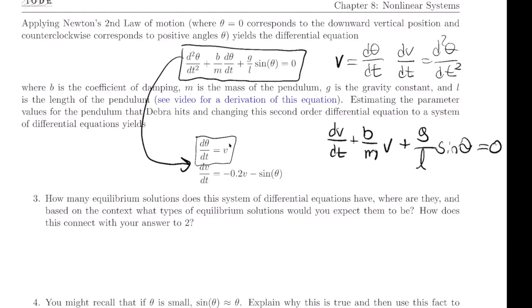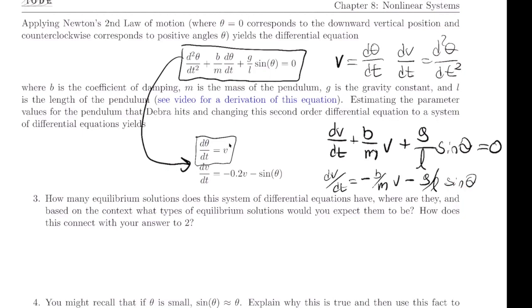And then I can solve this equation for dv dt by bringing those terms to the other side. Okay, just that in this case, we're not getting a linear system because of this sine of theta in our differential equation.